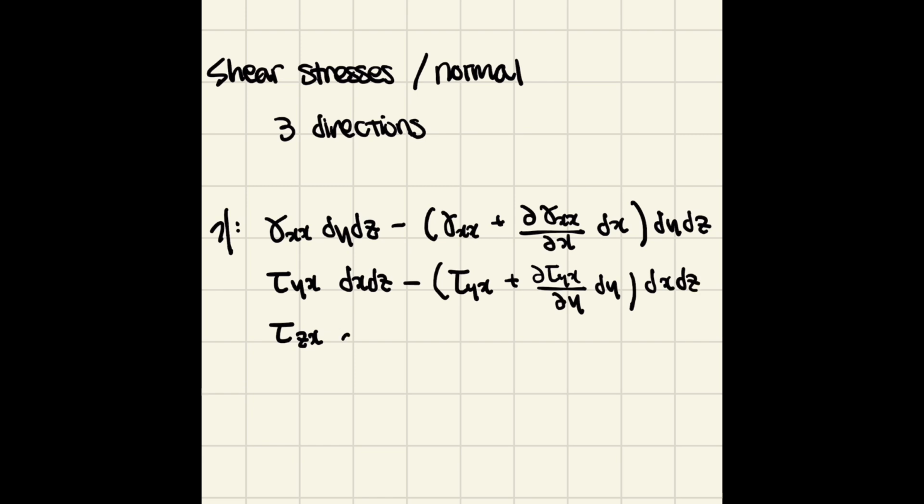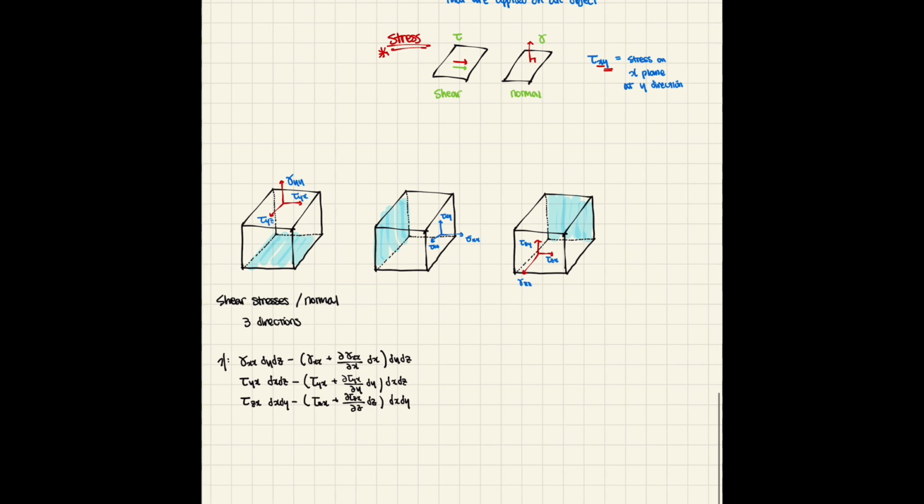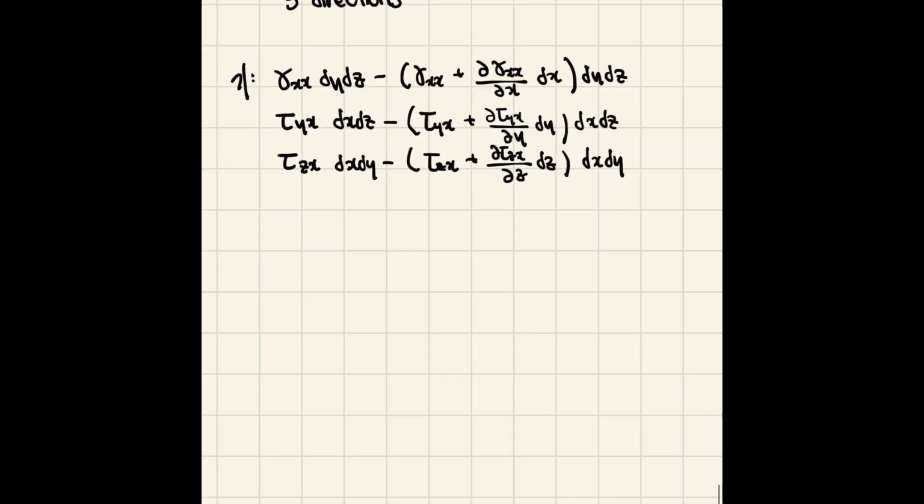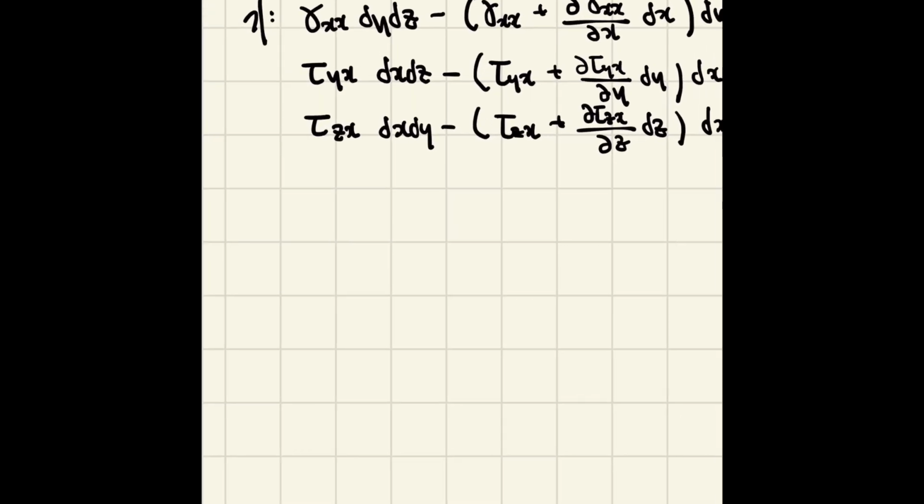And this one will be dx dy minus tau zx plus partial tau zx with respect to partial z dz dx dy. So we got the first one, and we need to do the same thing for the y and the z directions.